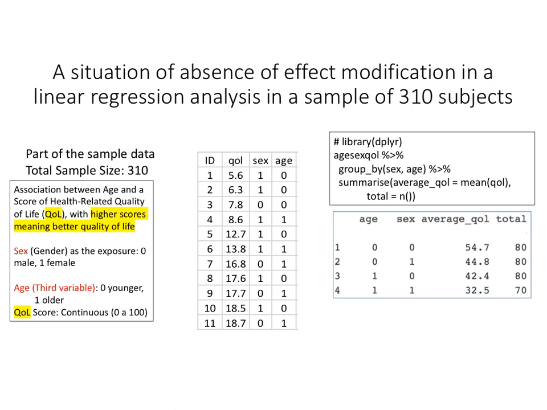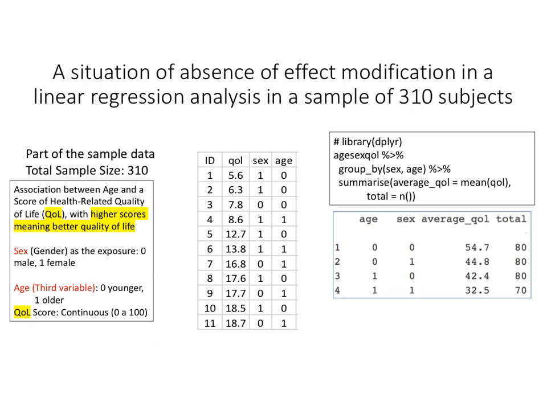Let's see a situation of absence of effect modification in the association between sex or gender and a measure of quality of life. And we look at whether there is variation in this association between persons who are older or younger.